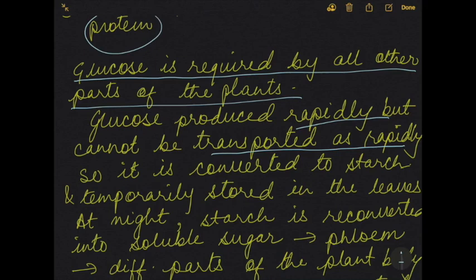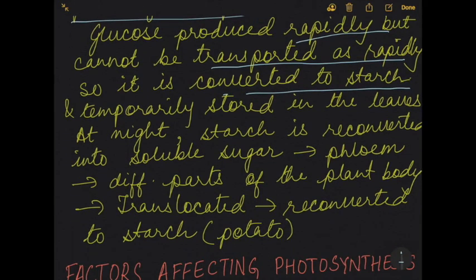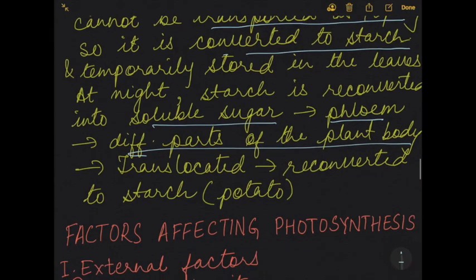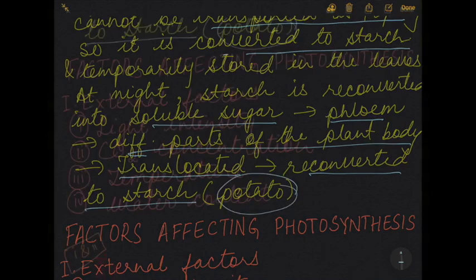Many molecules of glucose come together, they form starch, and then it is stored temporarily in the leaves. And at night starch is reconverted into soluble sugar, and then it is carried by the phloem to different parts of the plant body. That means it is translocated. After it reaches the various parts of the plant body, it may even get reconverted to starch and stored, like in the case of potatoes.